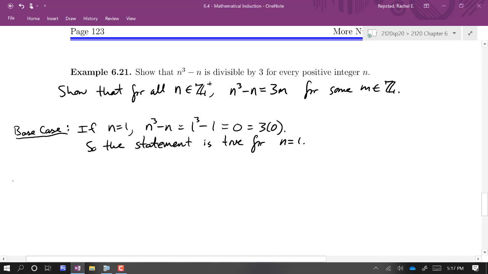Alright, so now comes the fun part, the induction step. We're going to suppose that this is true for some n is equal to k.